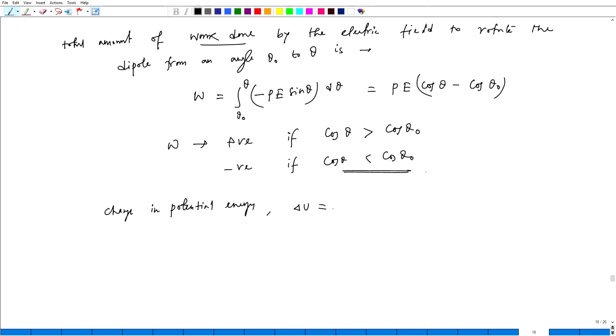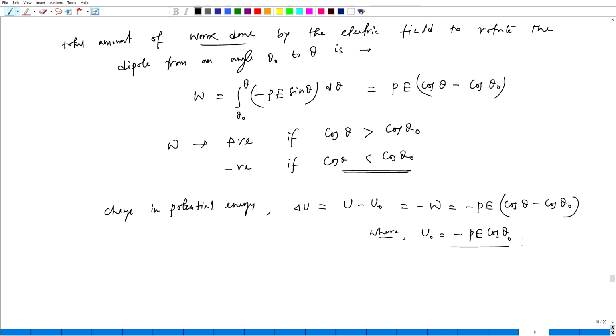The change in potential energy, delta U, is U minus U naught, and this is minus W. So this is minus pE cos theta plus pE cos theta naught, where U naught is minus pE cos theta naught.